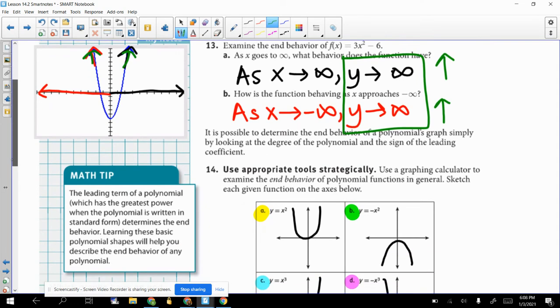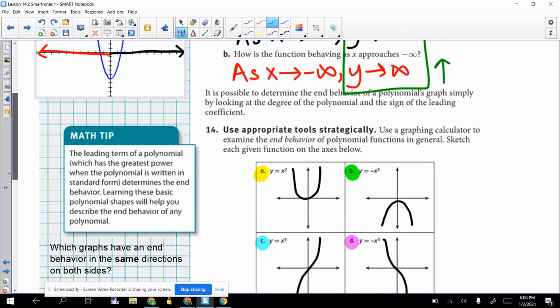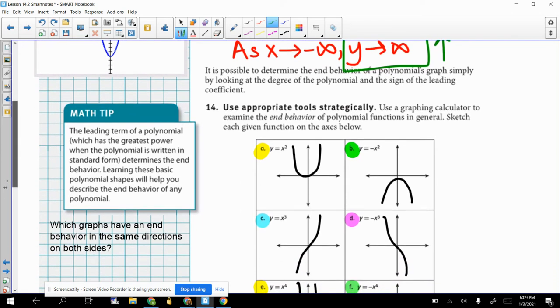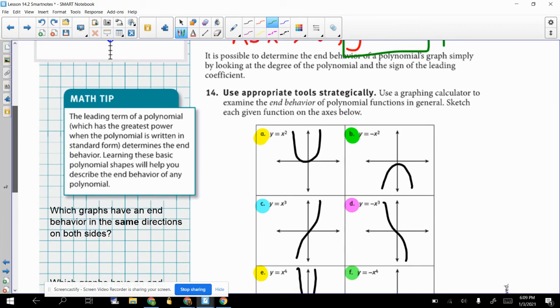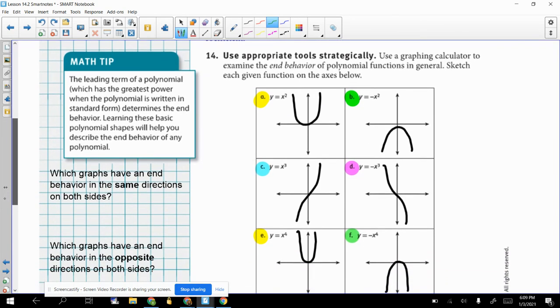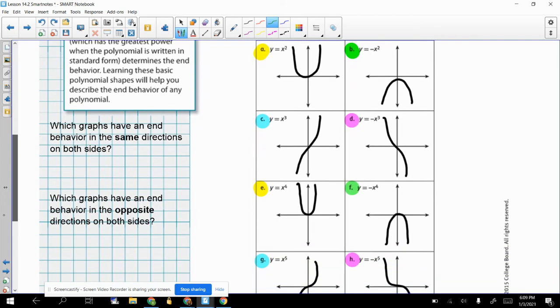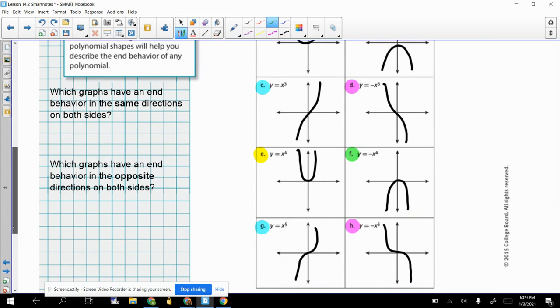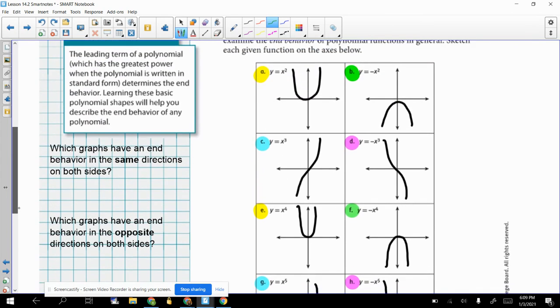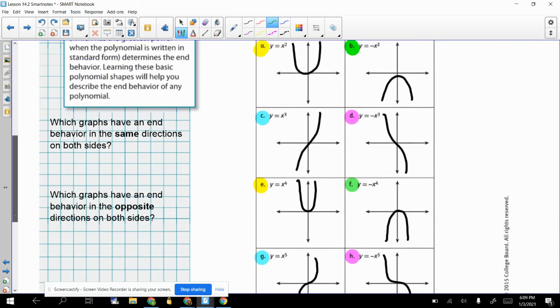Then it says, it is possible to determine the end behavior of a polynomial's graph simply by looking at the degree of the polynomial and the sign of the leading coefficient. Use a graphing calculator to examine the end behavior of polynomial functions. In general, sketch each given function. Normally in class, I would have you put these in your graphing calculator and sketch them all out, but for the sake of time, I've already sketched them out here.